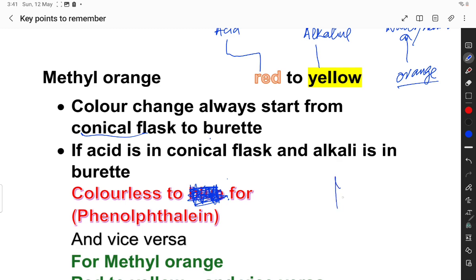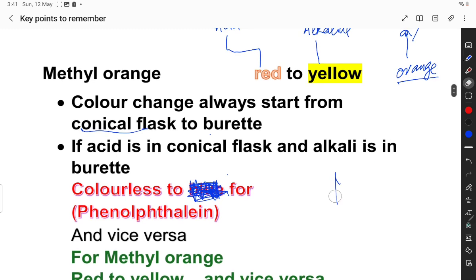For example, if the conical flask contains sodium hydroxide and you are using methyl orange, first we add a few drops of indicator and the solution turns yellow.